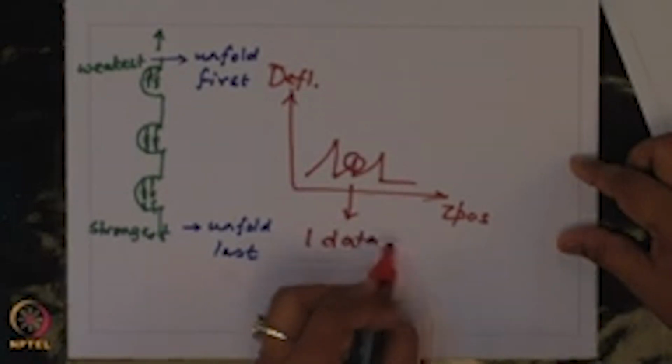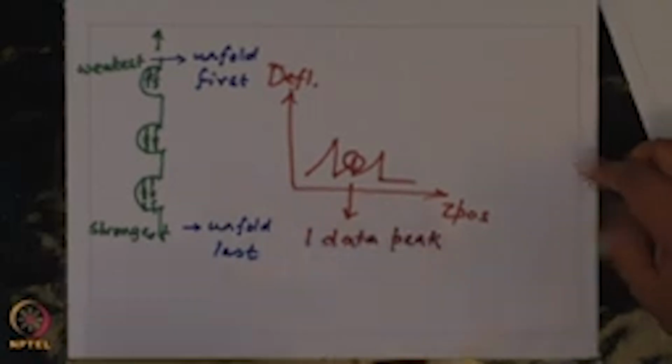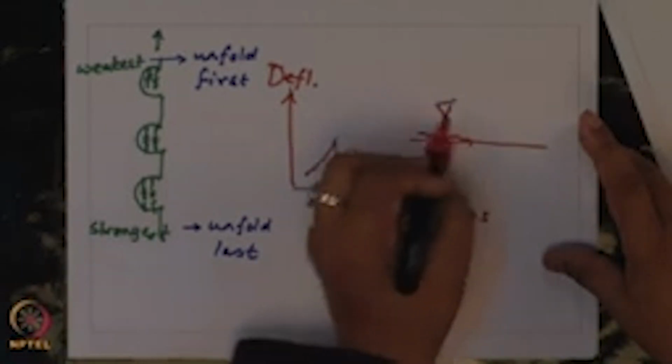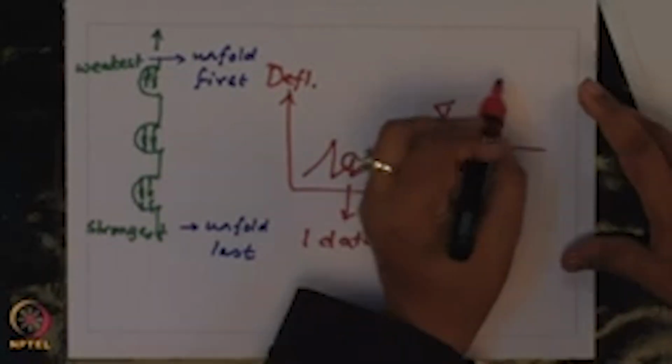Why is that? Because it is very much possible, if your protein is like this, that the tip actually gets in contact at some point in between. In that case, when the tip is pulling it up, your configuration will look something like this.